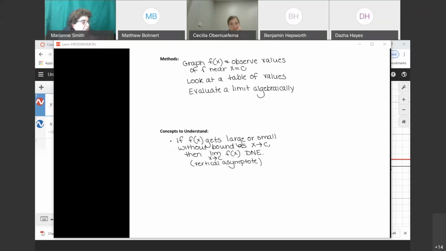Basically, if the limit as x approaches c from the left of f of x equals the limit as x approaches c from the right of f of x, then you can say the limit as x approaches c equals whatever the value is.